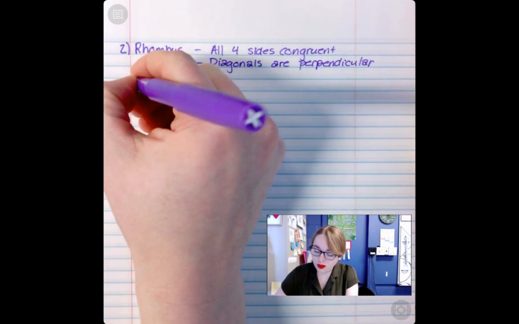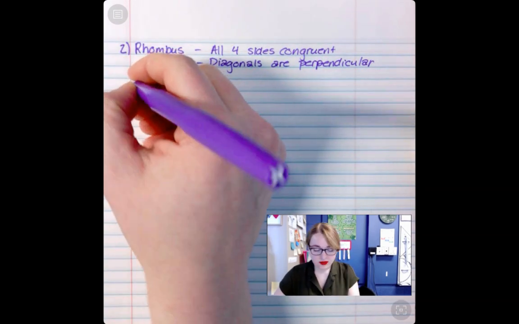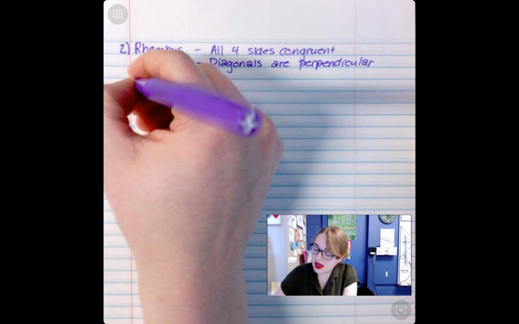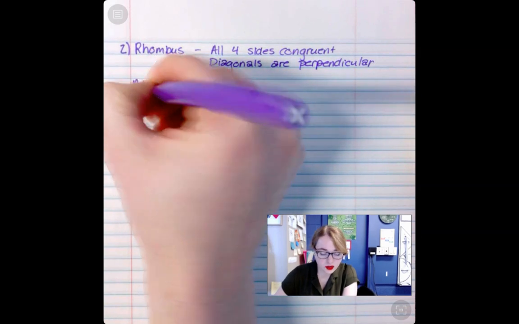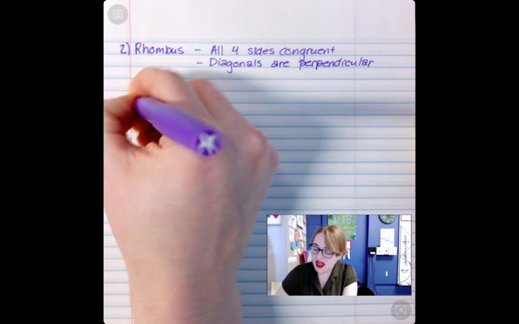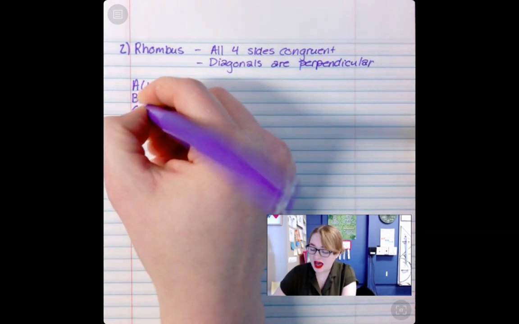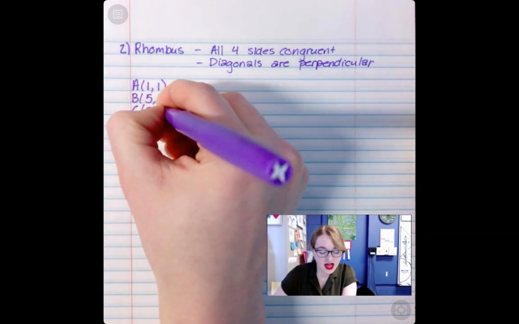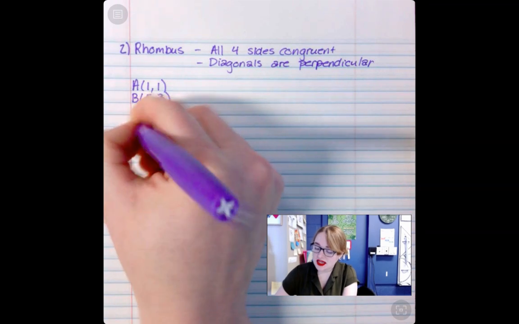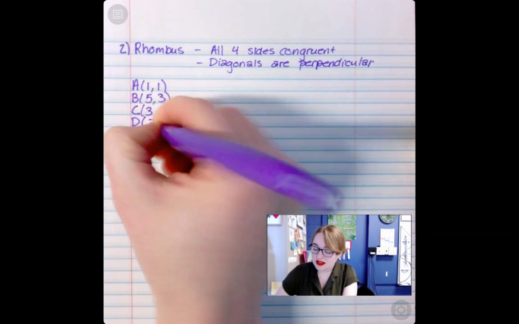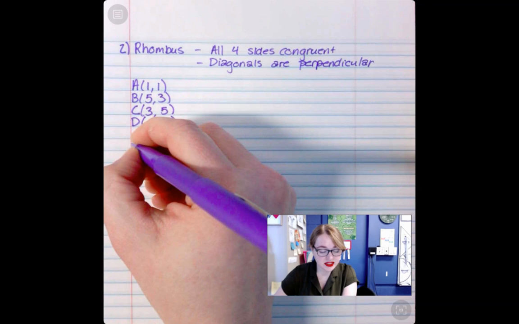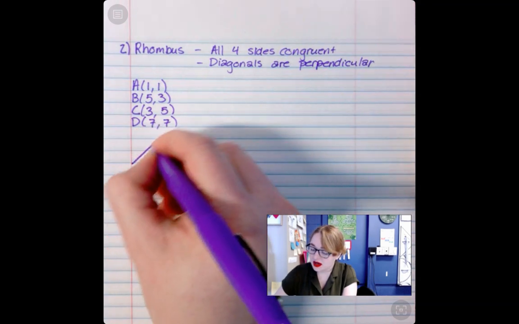I'm going to write out our points here. So we have A at 1, 1, B at 5, 3, C at 3, 5, and D at 7, 7. So I'm going to give you guys a rough sketch because I did graph this already.